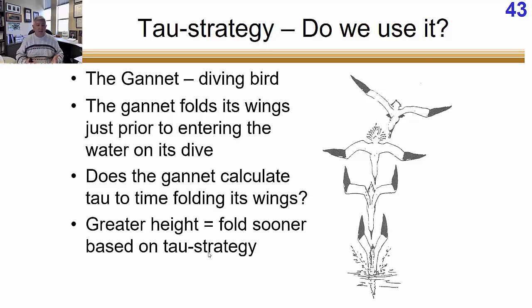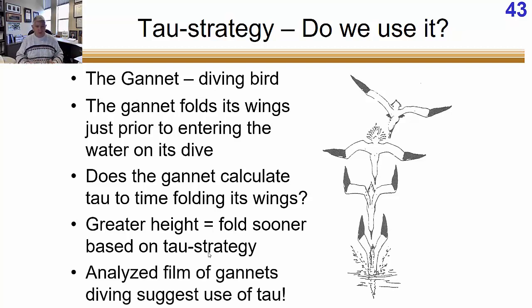And doing that, they found out with greater height, they folded their wings sooner based on a tau calculation strategy. So analyzing this film of birds diving from different heights suggested that yes, their brain is doing this tau calculation.